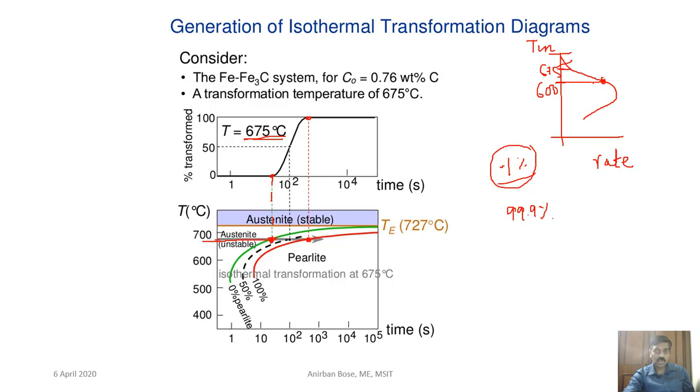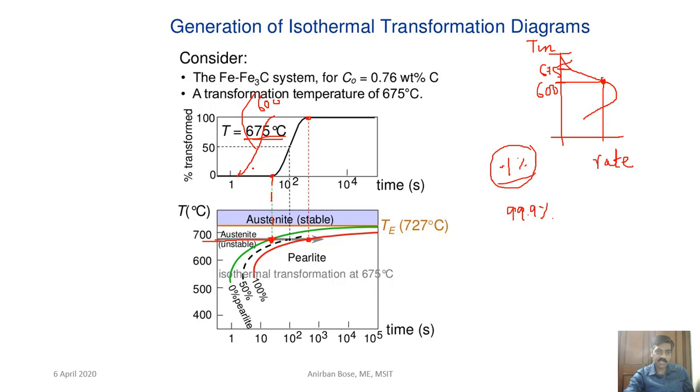If the rate is more, then obviously the time required for the transformation will be less, right? So 600 probably will be like this. Probably it will start here and it will end here. So this kind of curve you are probably getting corresponding to 600 degrees centigrade.